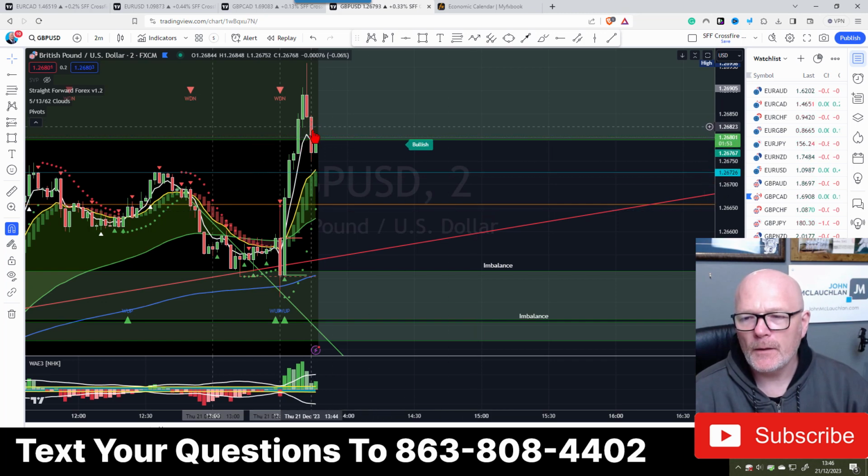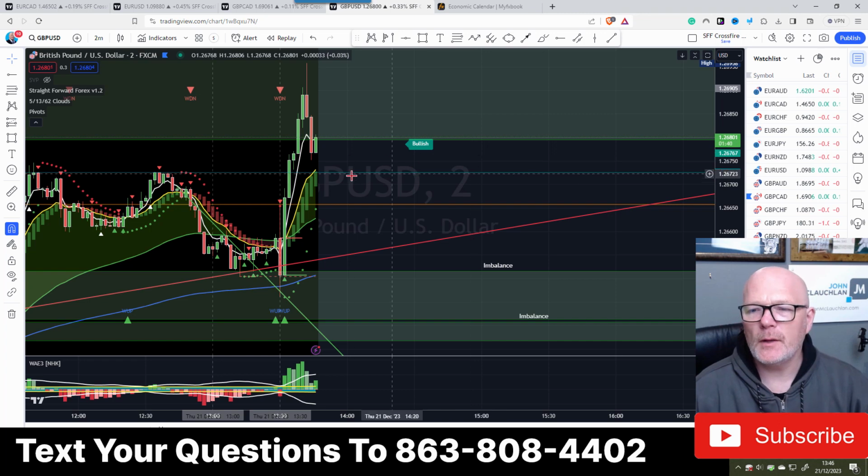See what's happened? We had resistance going down, and now we've got resistance going back up. These areas of imbalance are always good, significant areas, but we'll have to wait and see what's going to happen on that one.